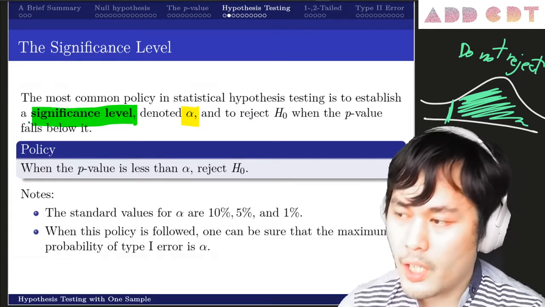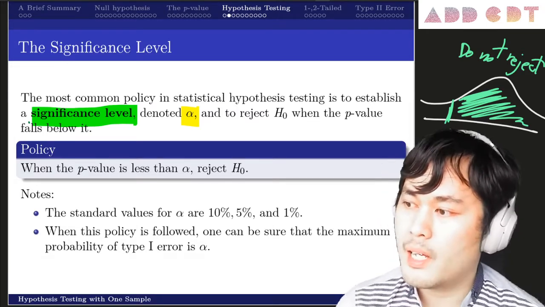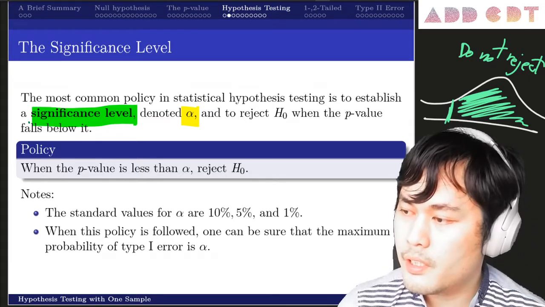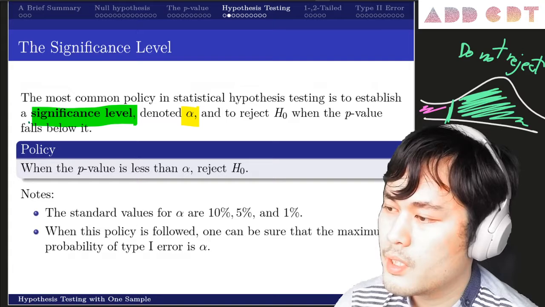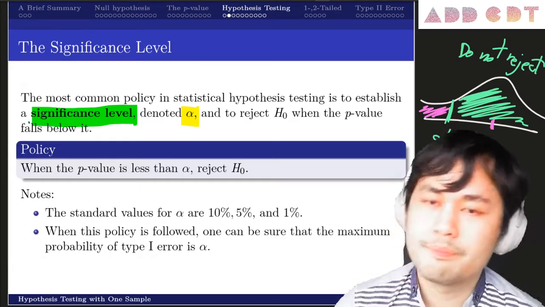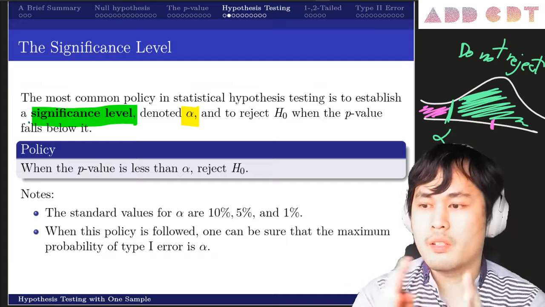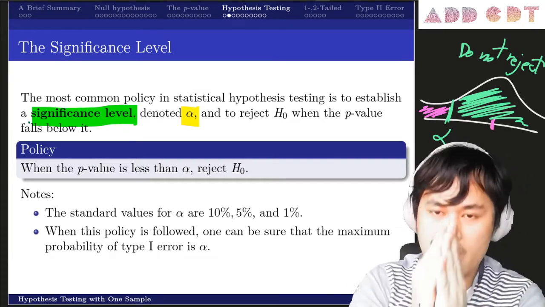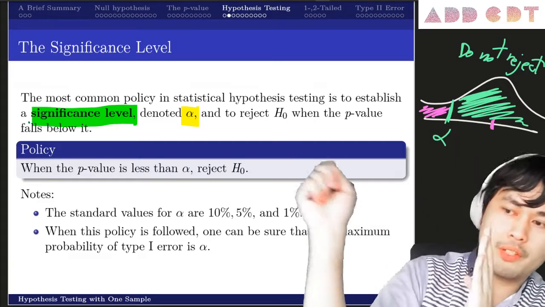On the other hand, if the sample provides a number that is significantly different from what we believed, we believe it's here, but the result says it's all the way to the left, too far.